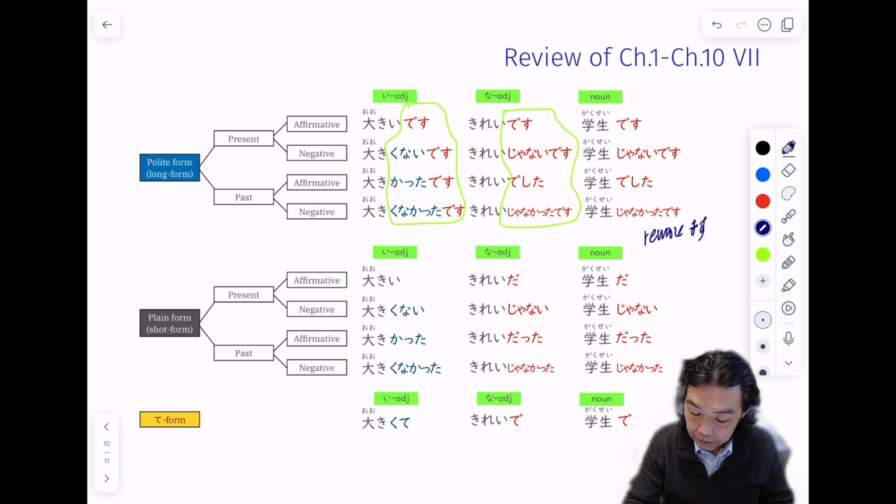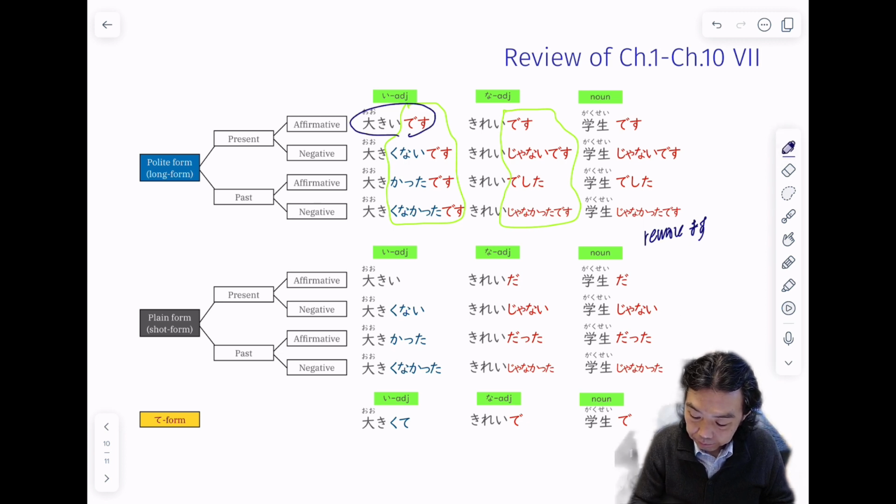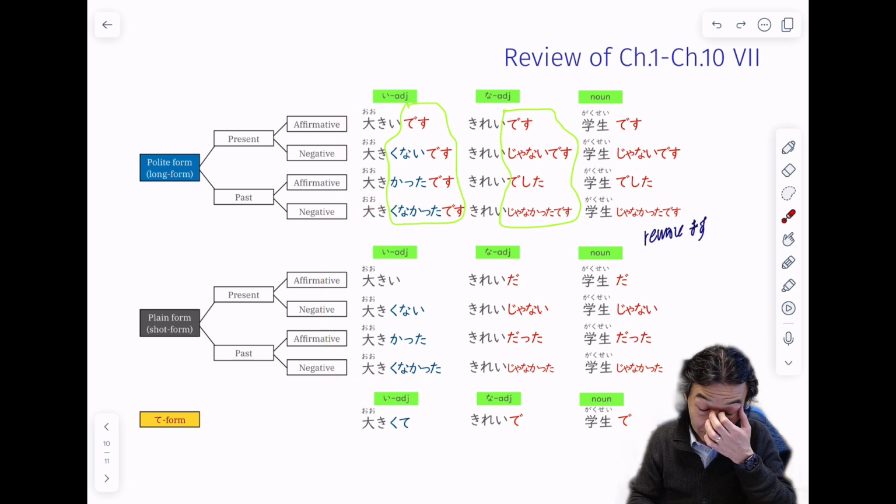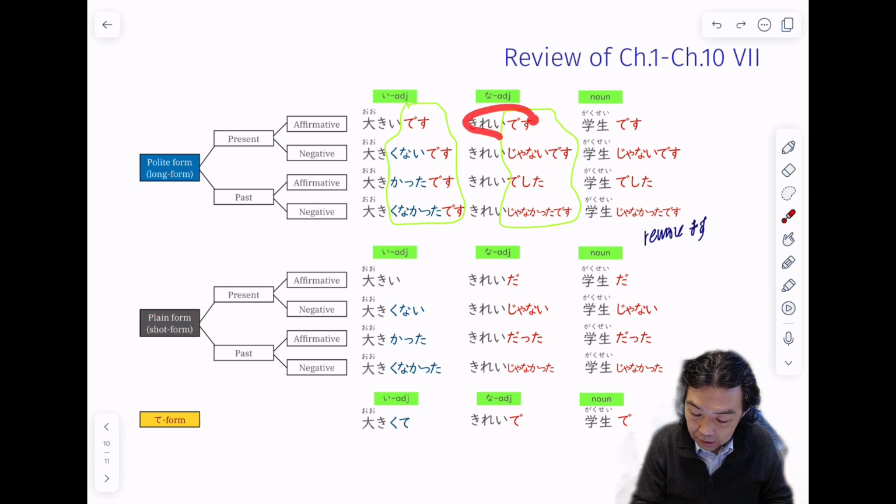Okay, so let's see. 大きいです、大きい。大きくないです、大きくない。大きかったです、大きかった。大きくなかったです、大きくなかった。So the difference is just by removing this. Okay, so you just get the plain form by just removing this. I'm going to skip this for now, but let's start looking at this.